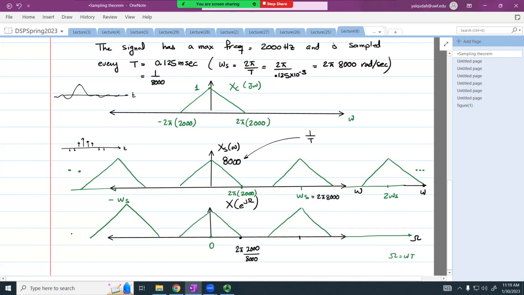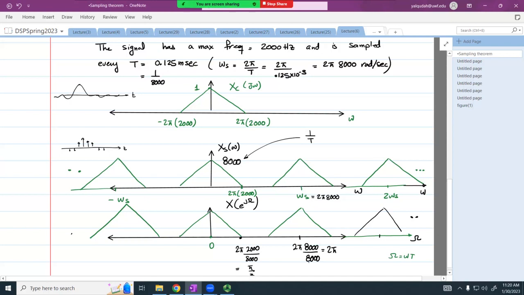Okay. So at this frequency, what is this going to equal to? It used to be 2 pi multiplied by 8,000. I'm going to multiply it by t, which is 1 over 8,000. And therefore, it's going to be 2 pi. And then we're going to have another repetition, and so on and so forth. So this is going to equal pi over 2.